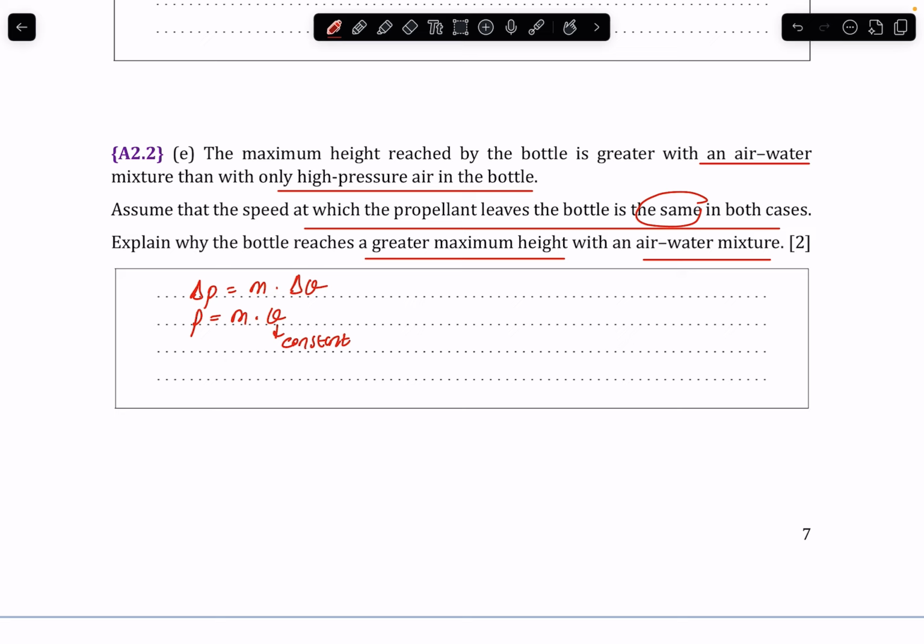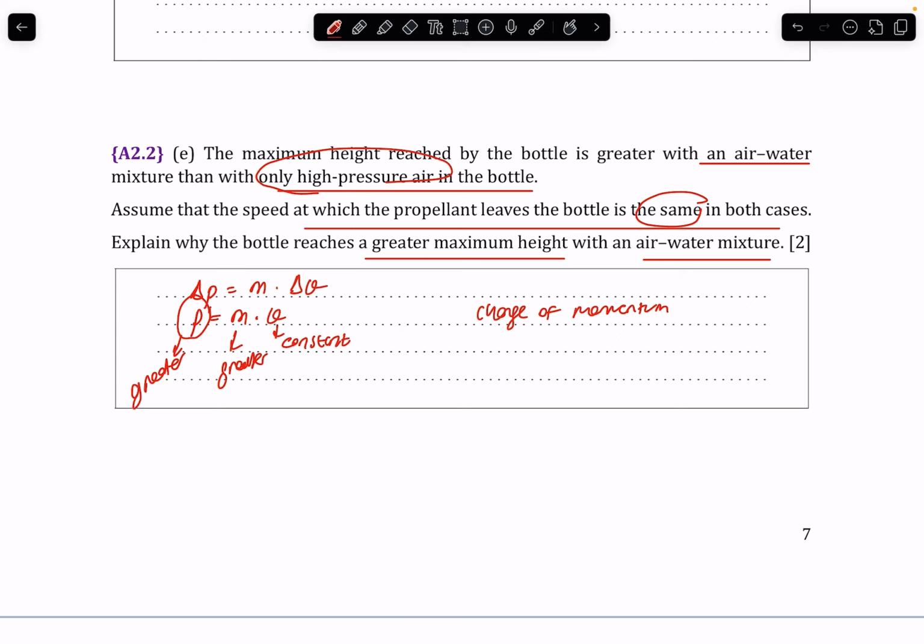Explain why the bottle reaches a greater maximum height with an air-water mixture. So when we look at the question, we can just say that if it's only high pressure air in the bottle, the mass will be lower. But if we have a mixture consisting of both air and water, of course, the mass will be greater. If the mass is greater, then from a direct proportional relationship, momentum will be greater too. So the change of momentum being greater basically means that the propellant, the bottle, will leave where it's based at with a greater force.